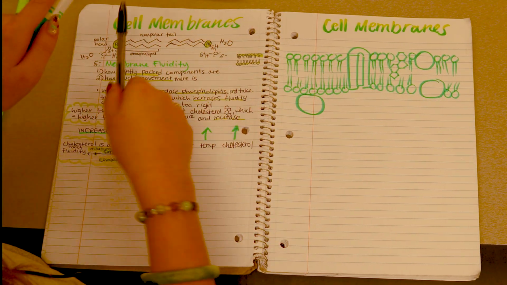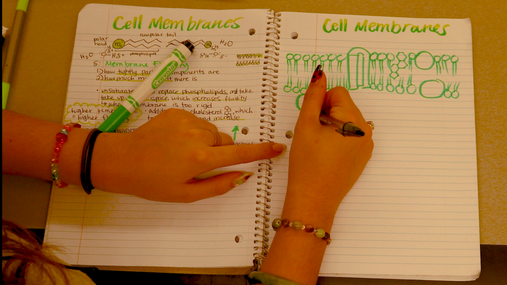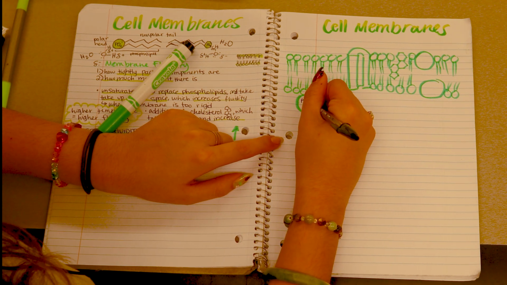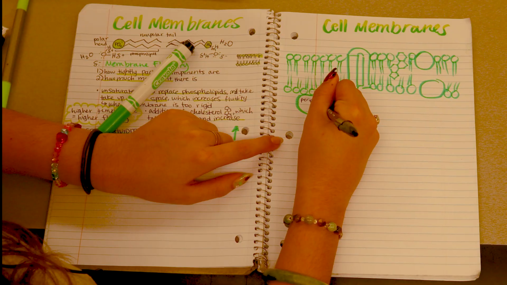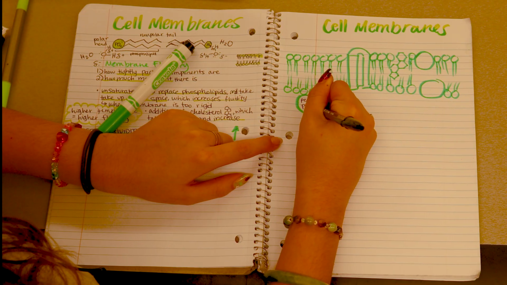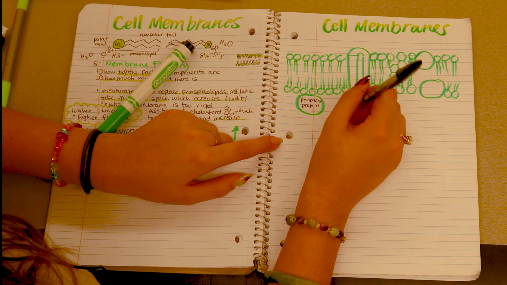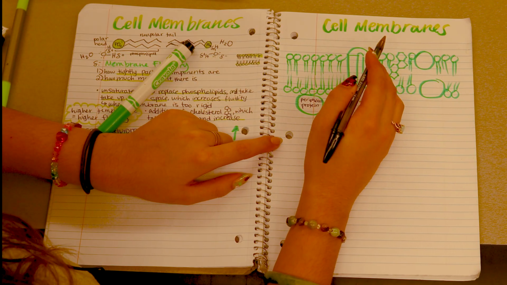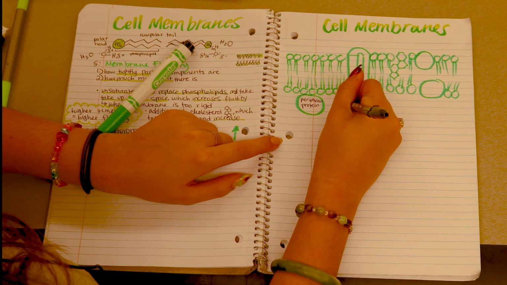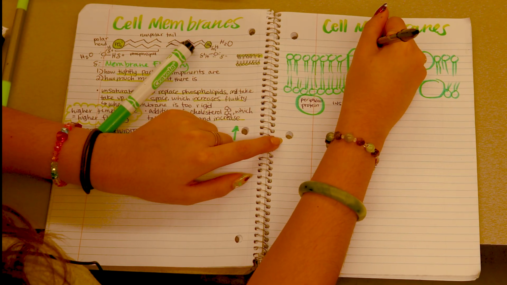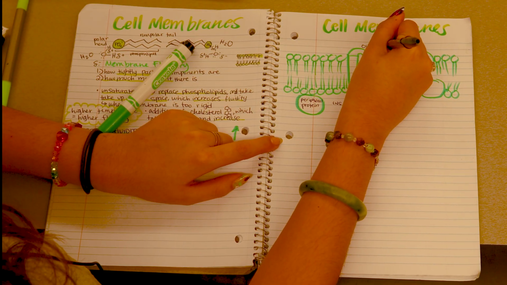Okay, so on the outside, we're going to say this is a peripheral protein. This will be on the inside of the cell, and this will be on the outside of the cell. So inside, outside.